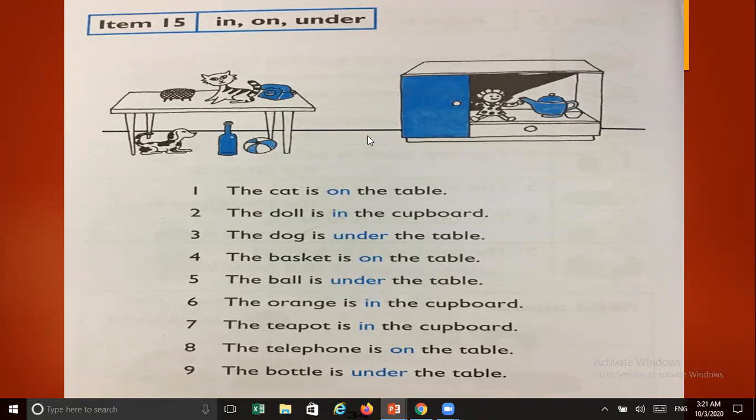You can see the table. What is on the table? Telephone, cat, basket, and under the basket, ball, bottle, and dog. And beside the table, you can see there is a cupboard, and in the cupboard, you can see the doll and teapot.